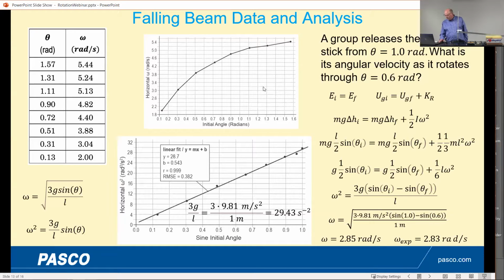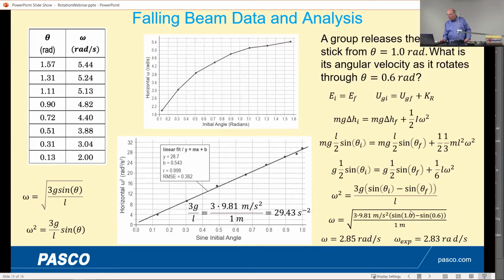And so they can see, hey, that it worked. And then as a final challenge to them, I ask them to predict what the angular velocity would be if I release it from 1 radian and when it's going through 0.6. And they might think, oh, that's a whole different problem. Well, the answer turns out to be pretty much the same equation, except it's a change in angle.